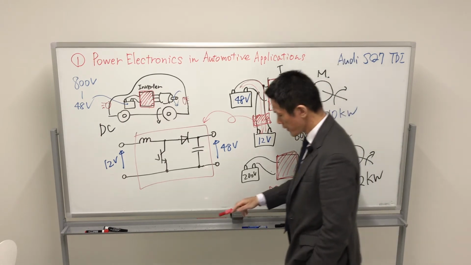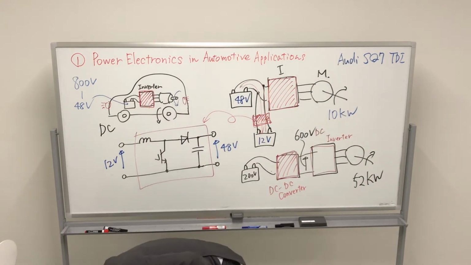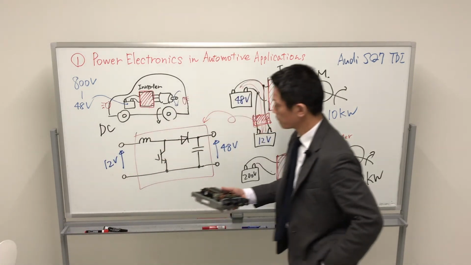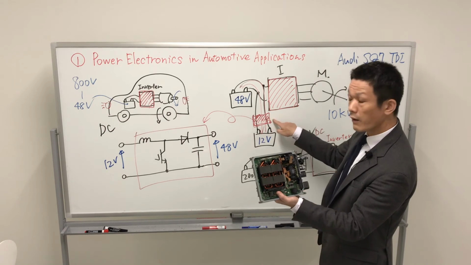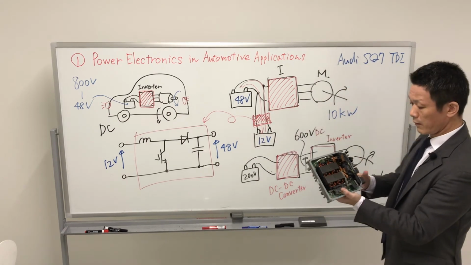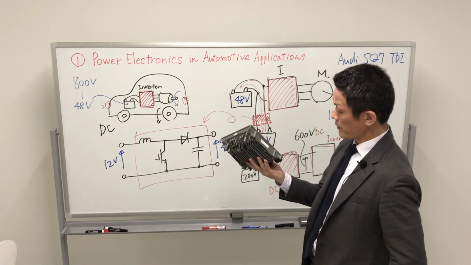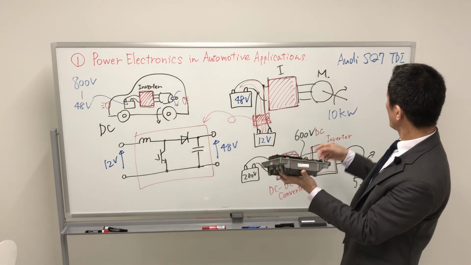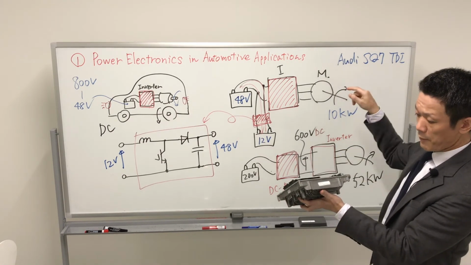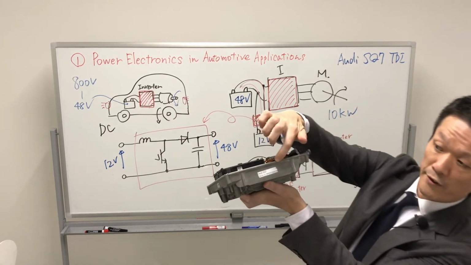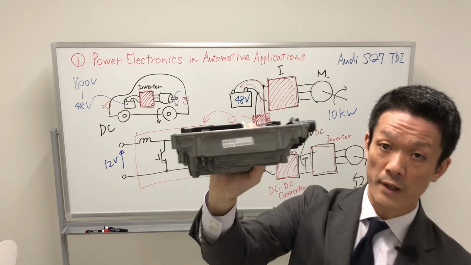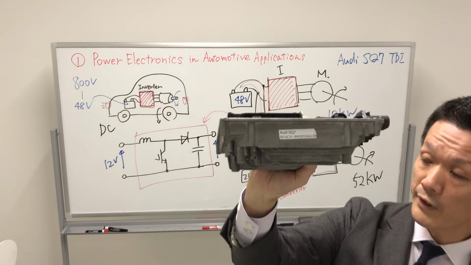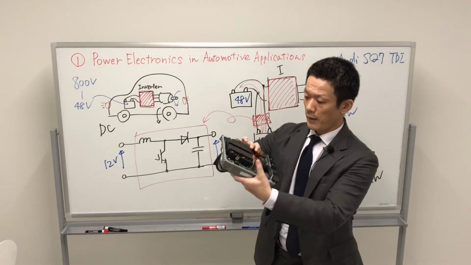Okay, I will show you the real one. This is Audi's power electronic system, the converter applied in the Audi SQ7. You can read it here.